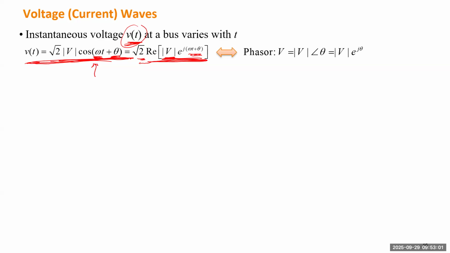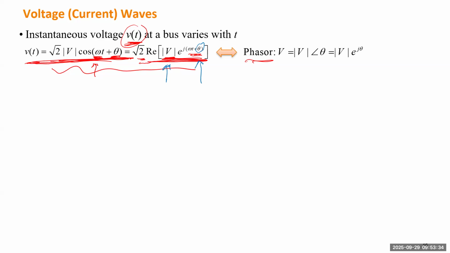Then we introduce the concept of phasor, because we don't want to write this complex expression. We know omega will be constant in steady state condition. So we want to keep only the most important information, which is the RMS value of voltage and this initial phase. Only those two pieces of information are critical.